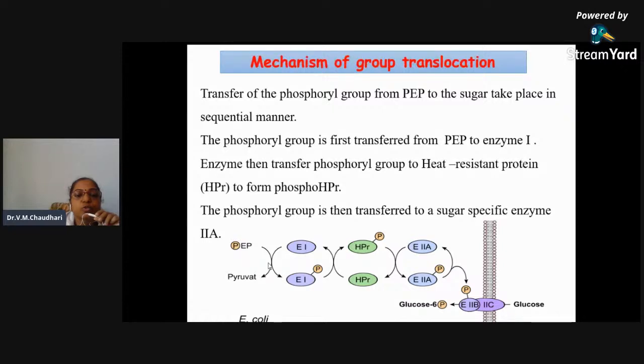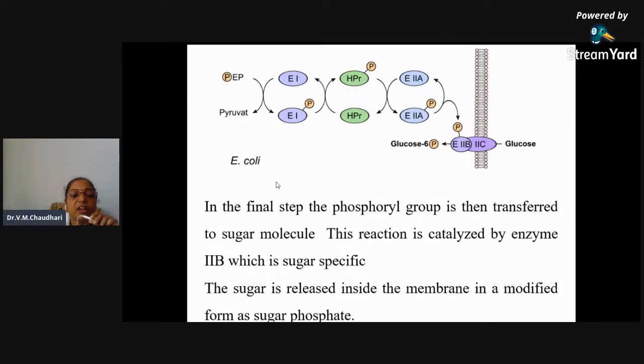Enzyme first then transfers the phosphoryl group to heat resistant protein HPR to form phospho-HPR. The phosphoryl group is then transferred to sugar-specific enzyme second A. In the final step, the phosphoryl group is transferred to the sugar molecule. This reaction is catalyzed by enzyme second B, which is sugar-specific. The sugar is released inside the cell in modified form as a sugar phosphate.